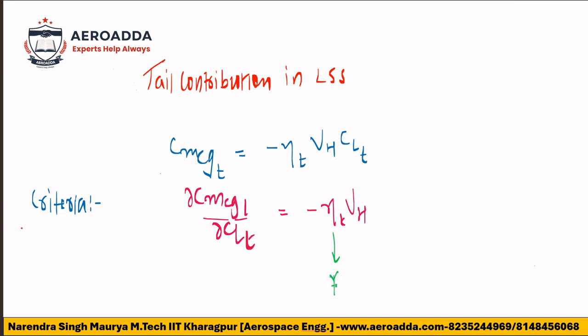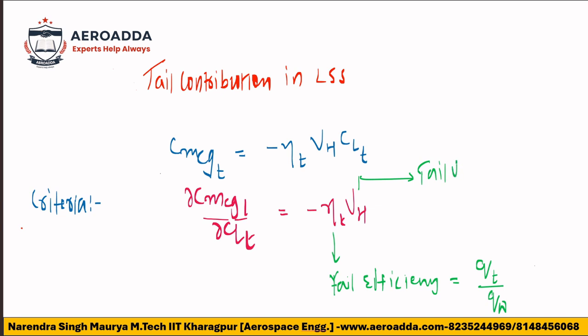And tail efficiency, mathematically, what was the value of the tail efficiency? If somebody remembers, tail efficiency was the dynamic pressure over the tail divided by the reference dynamic pressure. And similarly, there was the VH, and if you remember, VH was the tail volume.